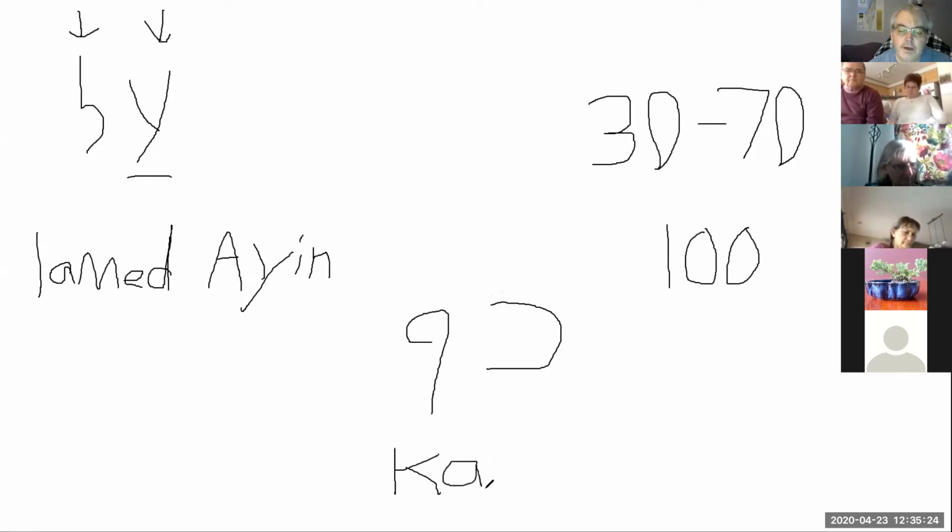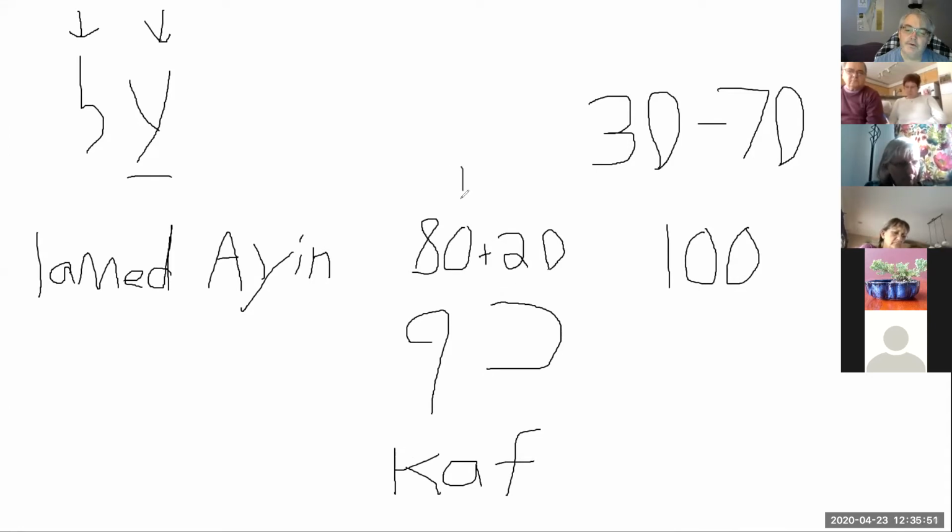And what we're getting at here is when you do the scriptures, words that have the same numerical value are connected to each other. There's something in the meaning that's connected. So this is a kaf, which is 20, and a pei, which is a final pei, so it looks a little different than maybe how you're used to seeing it, but that's an 80. So 80 plus 20 is 100.